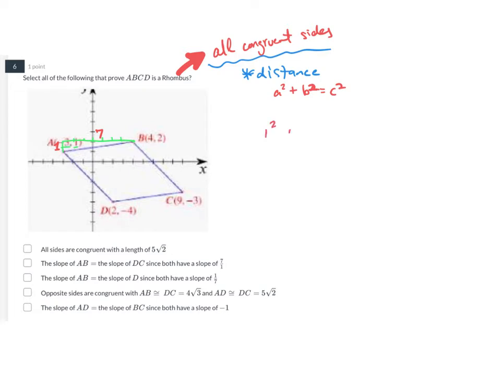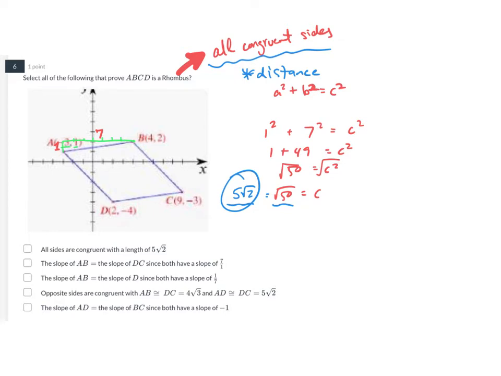Watch. 1 squared plus 7 squared equals c squared. 1 plus 49 equals c squared. 50 equals c squared. So c equals the square root of 50. And if we were really good, we could simplify that and say that it's 5 square roots of 2. So either one is good. This is the goodest, though.